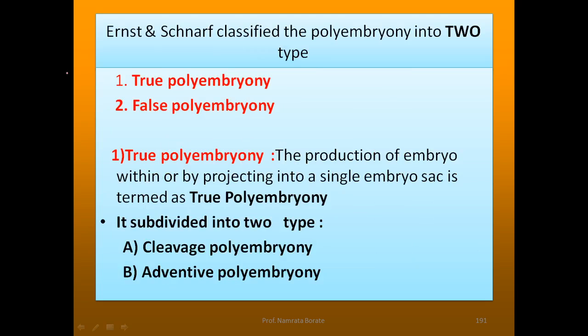Ernst and Schnarf classified polyembryony into two types. First one, true polyembryony. Second one, false polyembryony.